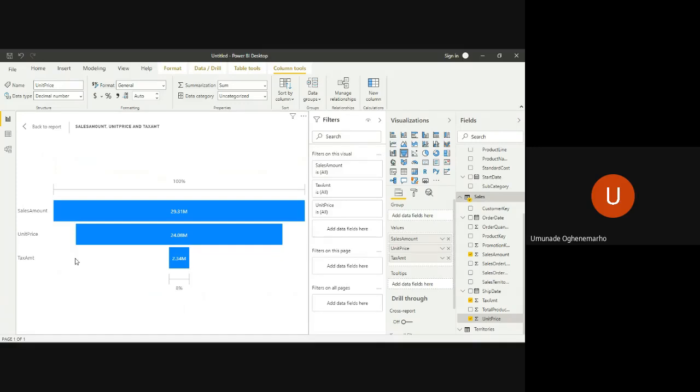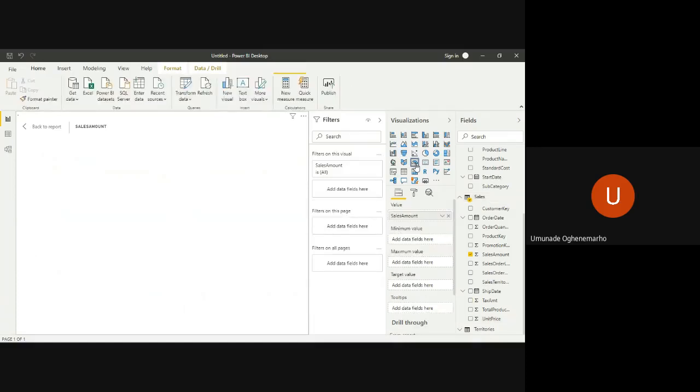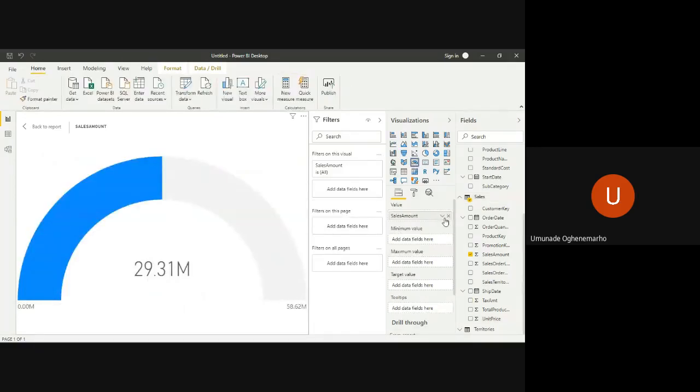So let's get a gauge. Now, this is a gauge, and the value here is sales amount. So we want to see how much sales we're making. You can see that we have 29.31 million. So that's basically how gauges work.